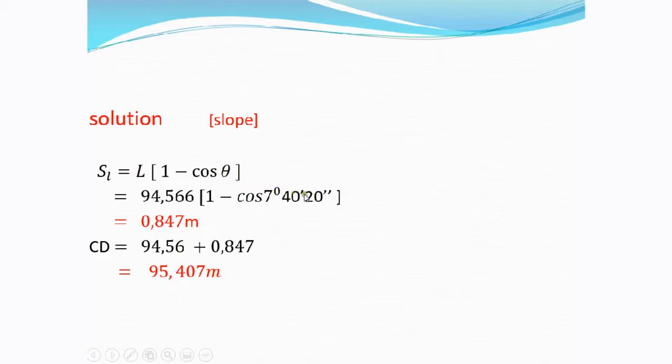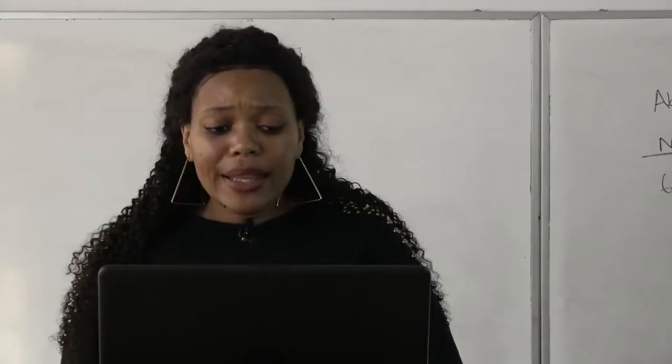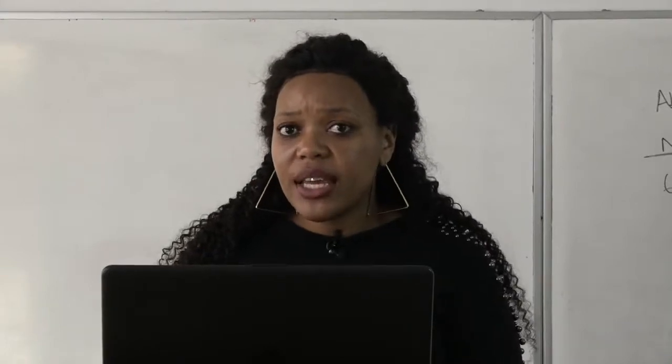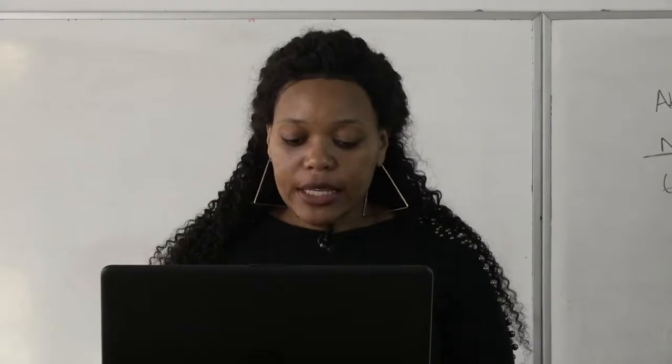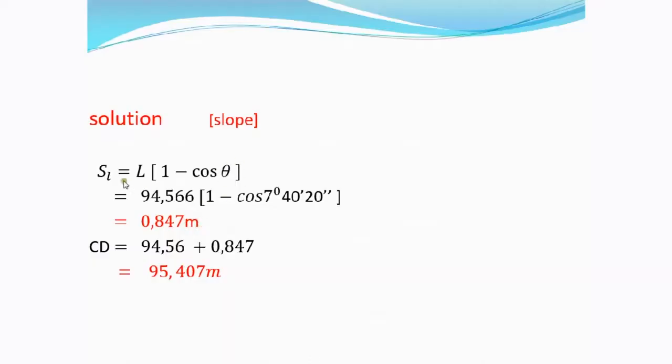Our length here will be 94.566 times 1 minus cos of 7 degrees, 40 minutes, and 20 seconds, which will give us 0.847 meters. This is the correction due to slope. We haven't done the calculation for the correct distance. That's why we now need to do the correction for the correct distance, because this is what is being required.